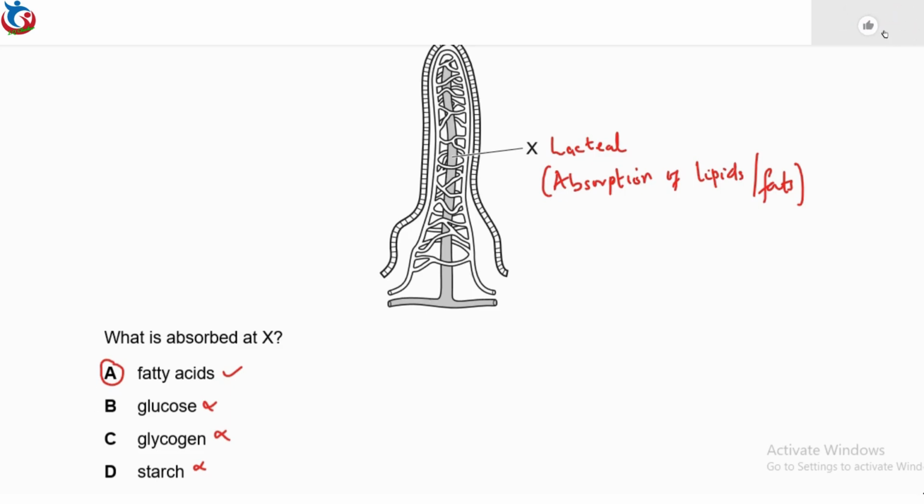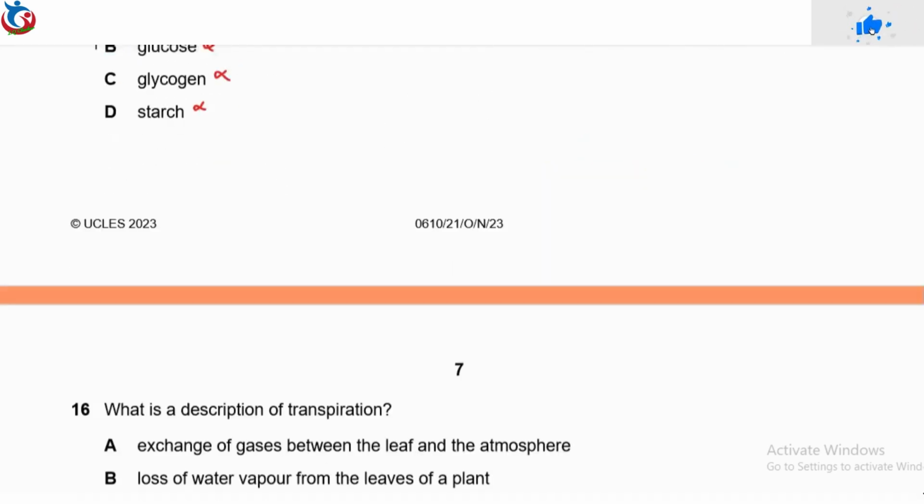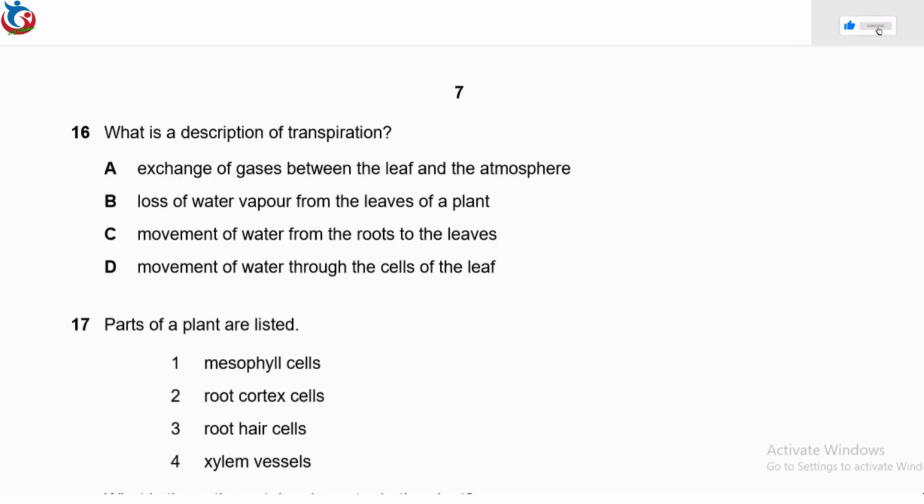So we'll now move to question 16. It says, what is a description of transpiration? So transpiration has to do with the loss of water vapor from the leaves of a plant.